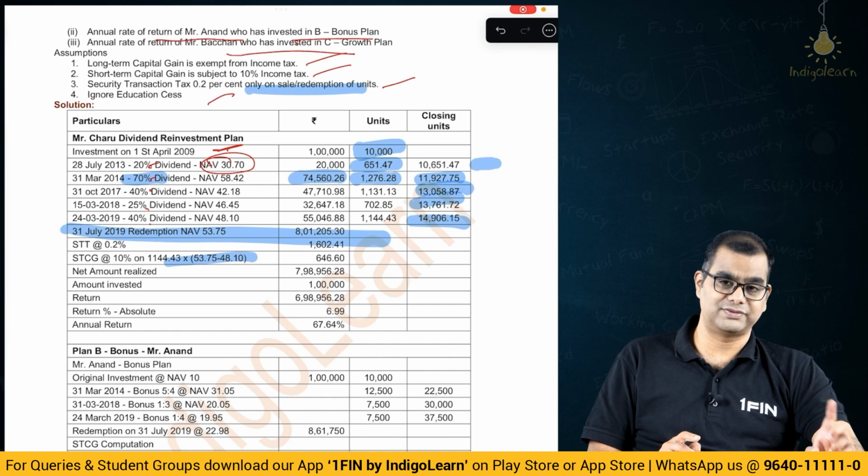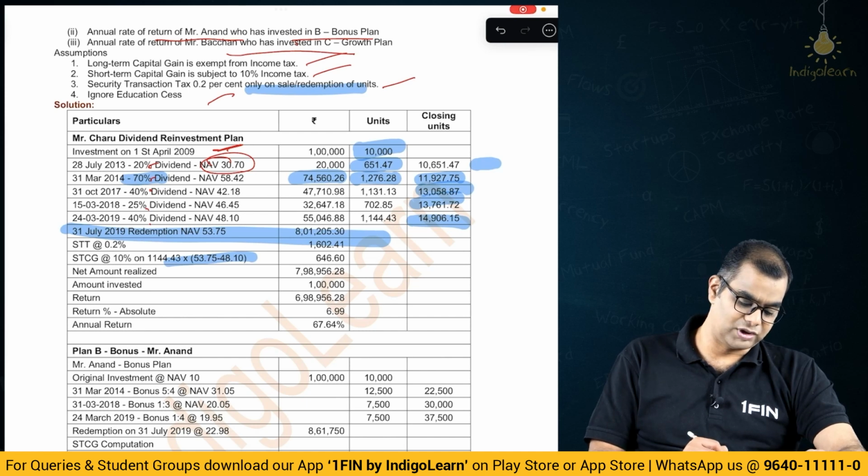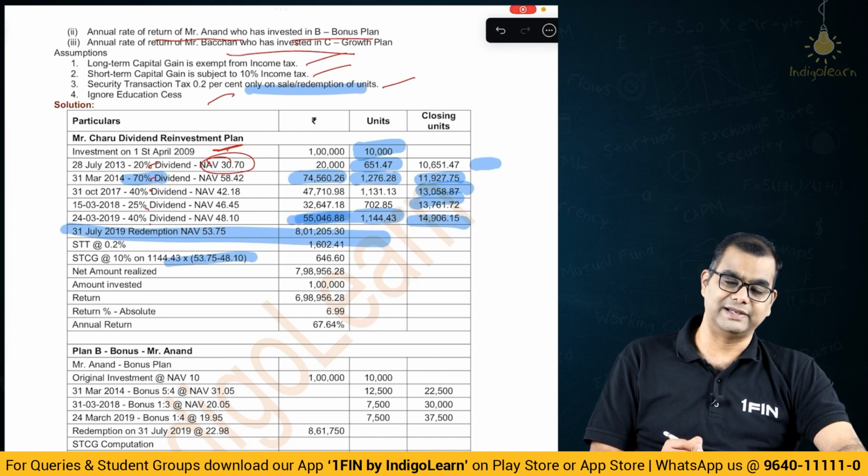What is short-term capital gains with respect to securities? Less than 1 year, right? Now, what are the units that you have invested for less than 1 year? Anything after 31st July 2018. So, you have only one value, the 55,000 that you reinvested.